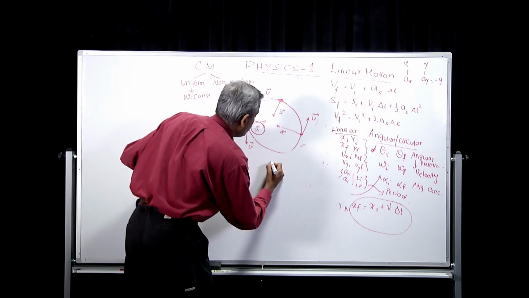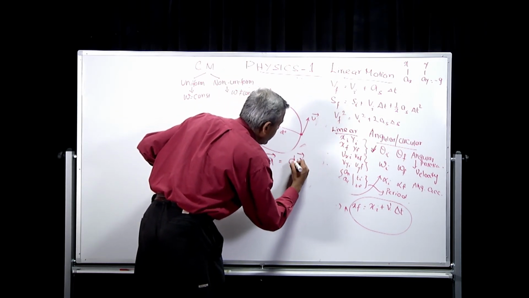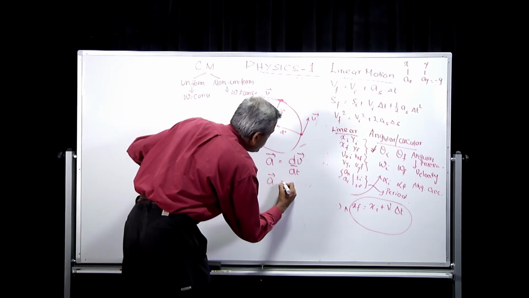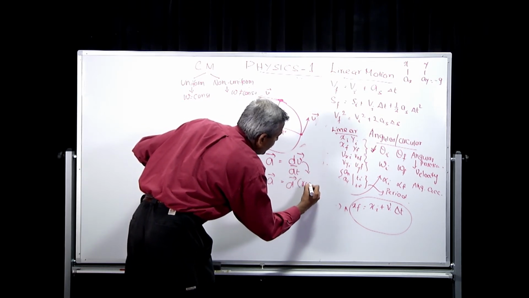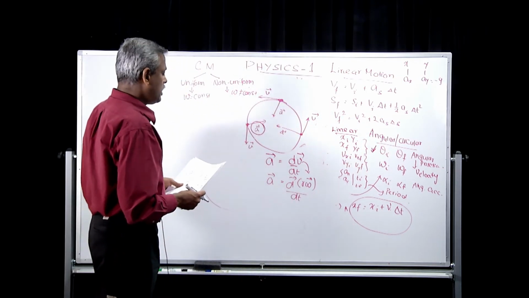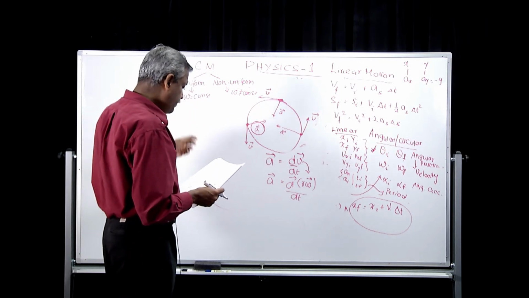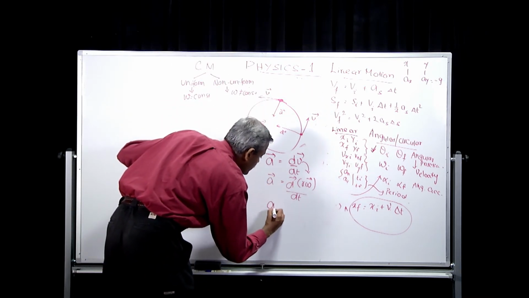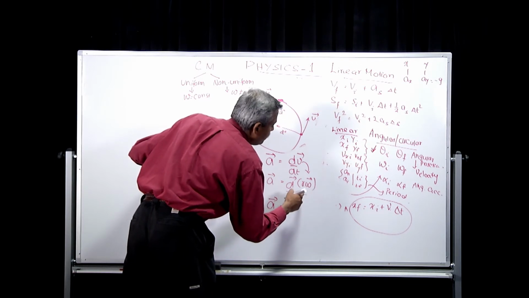Your acceleration is the derivative of your velocity. You know your velocity is r times omega, so the acceleration is d(r omega)/dt.